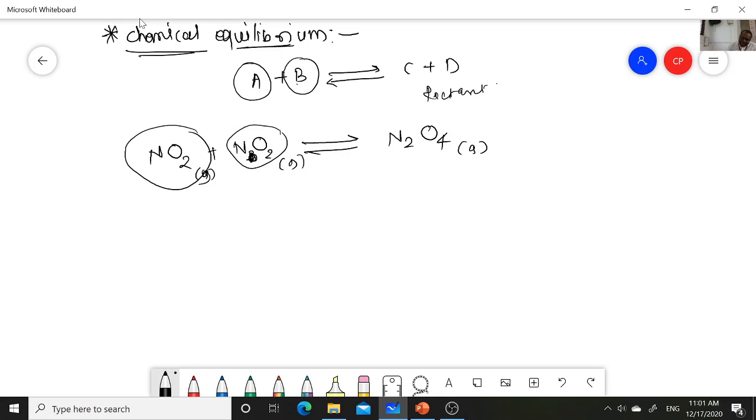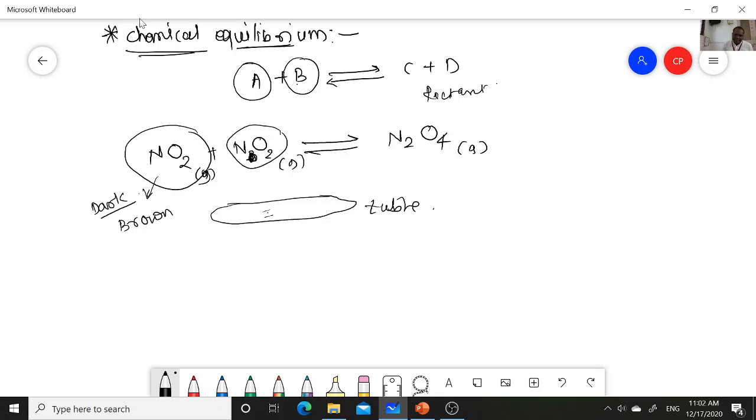If you take this one gas in an evacuated tube, suppose a glass tube, this NO2 gas is dark brown in color.